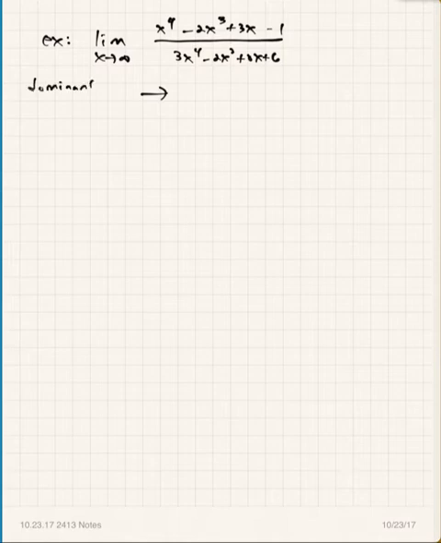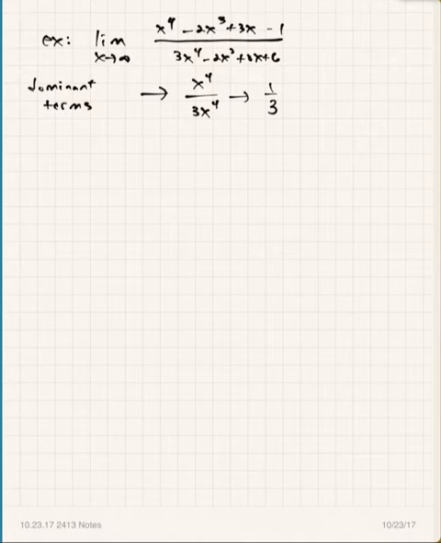And so looking at the dominant terms in the top and the bottom, we see that this fraction, as x gets large, is going to get closer and closer to just x to the fourth over 3x to the fourth. None of the other terms will matter as x gets larger and larger. And then what about x to the fourths there? Those x to the fourths would cancel, and so you'd end up with the graph getting closer and closer to 1/3 here.